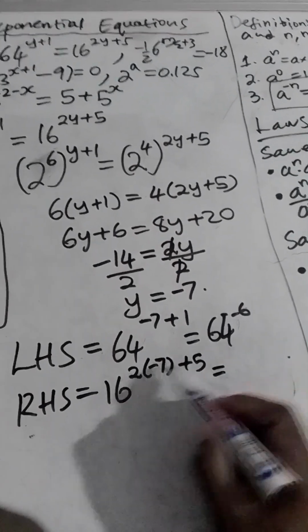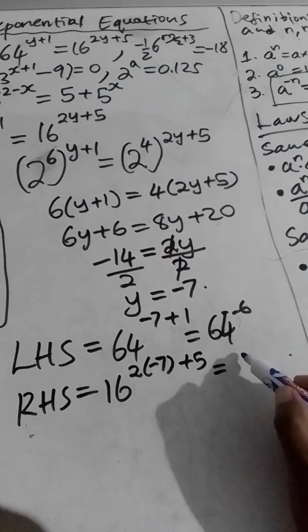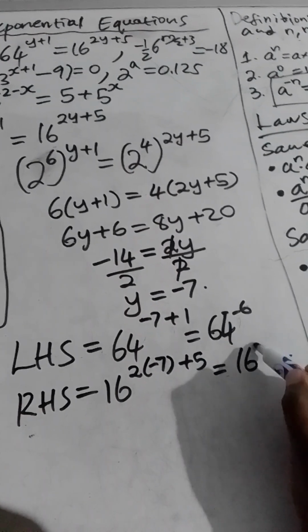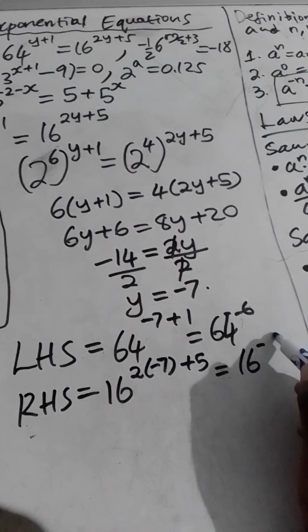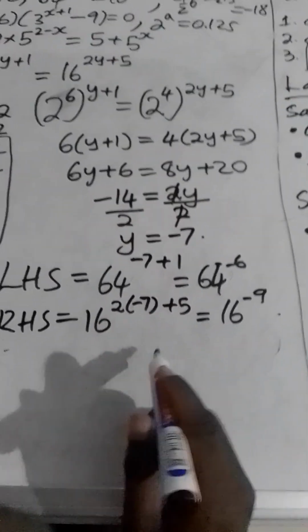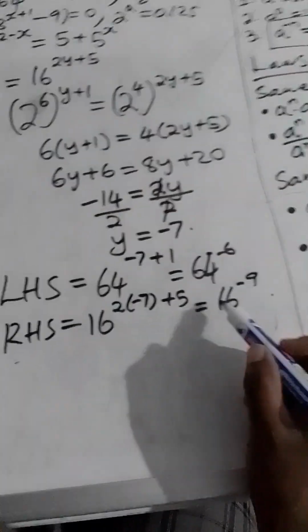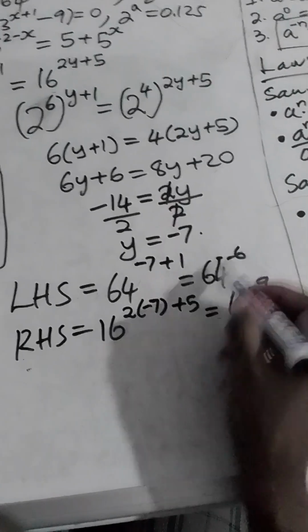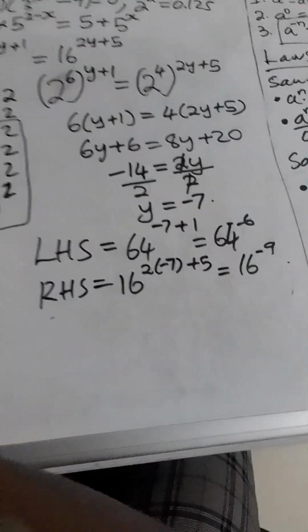This is going to be negative 14 plus 5, 16 to the exponent negative 9. Now, if you press the calculator, you will see that the answers are the same, but I'm not going to do that. Right. So that means that y equals negative 7 is the solution.